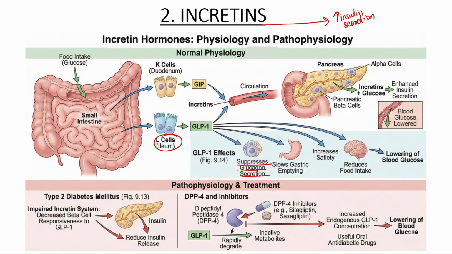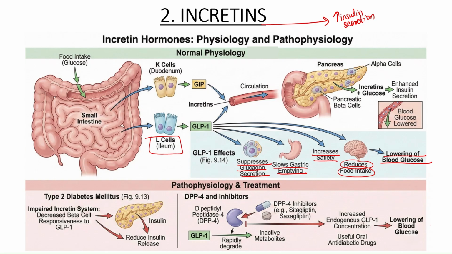That is the first thing we have already seen. There is the glucagon suppression. It delays the gastric emptying, ensuring that the nutrients are absorbed more gradually. There is increased satiety, appetite control, and therefore reduced food intake, which ultimately leads to the lowering of blood glucose. That is GLP-1, which is secreted from the L cells of the ileum.